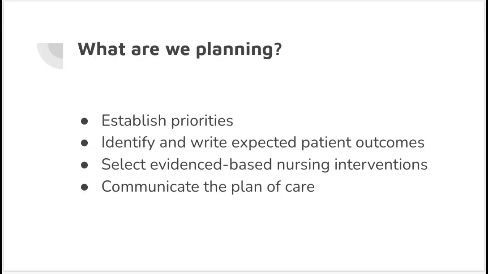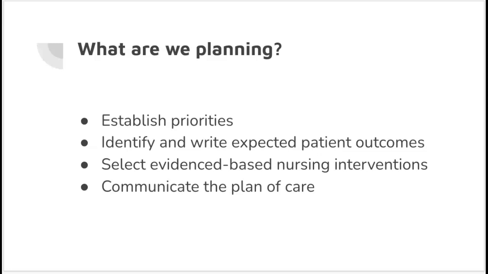So what are we planning? Well, we're planning our patient care, the goals we want to set up for them, or their outcomes. So basically, we want to establish priorities, identify and write expected patient outcomes, select evidence-based nursing interventions, and communicate the plan of care.